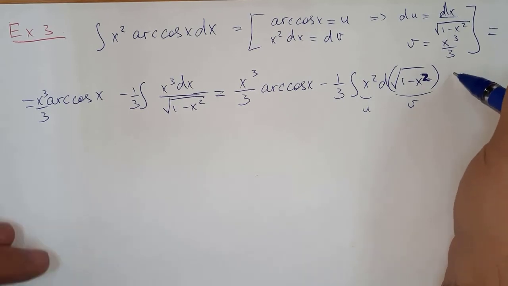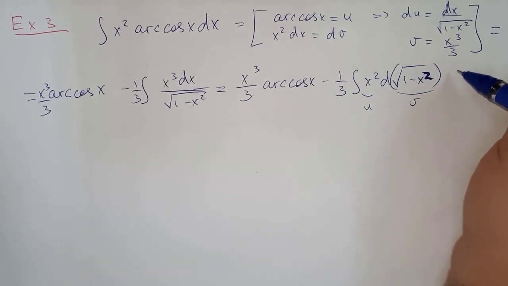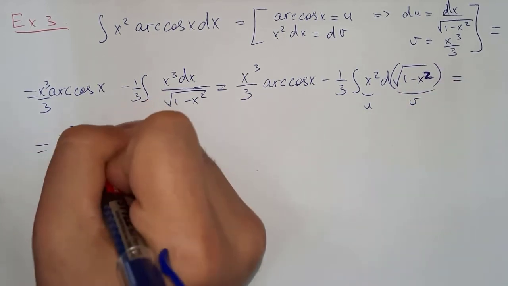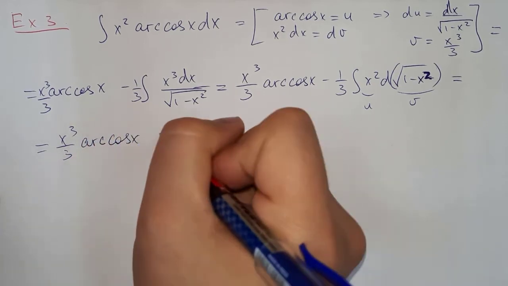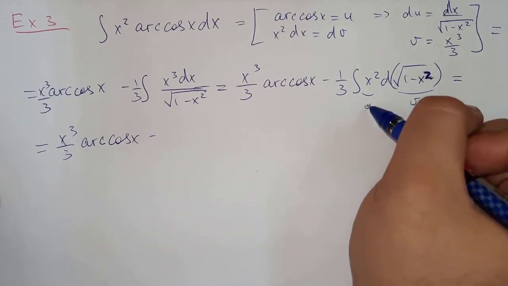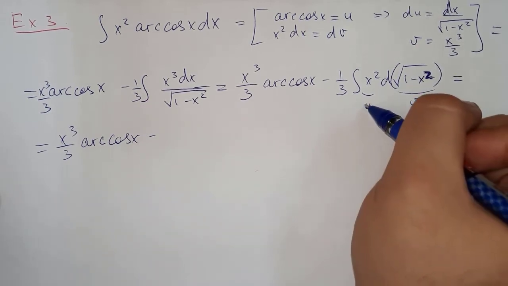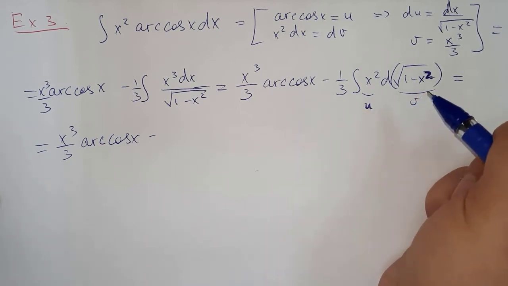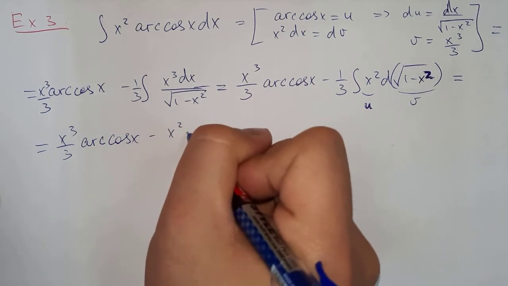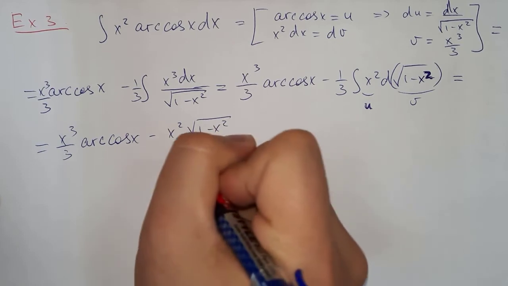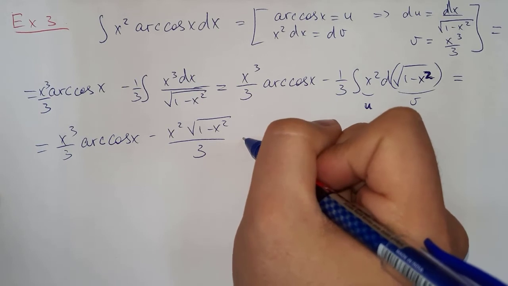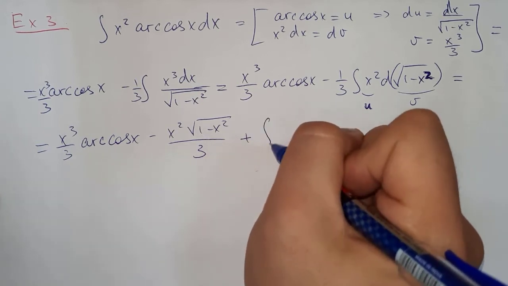So now we will use the formula one more time, and what we get here is x cubed over 3 arc cosine x, then minus uv, so uv will be x squared times 1 minus x squared over 3, and minus 2 times minus will be plus the integral.